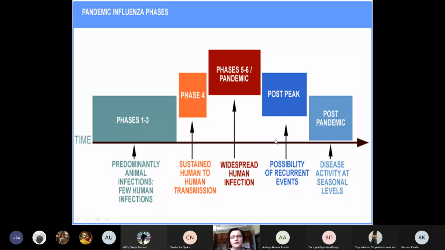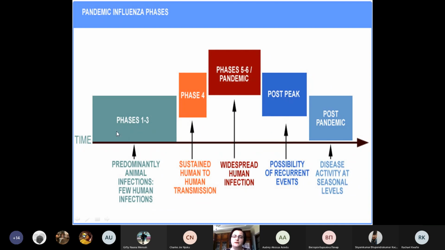Here you can see one of the very interesting pictures of phases of a pandemic. Influenza pandemic in this case, on this slide, but all pandemics go through all these phases.